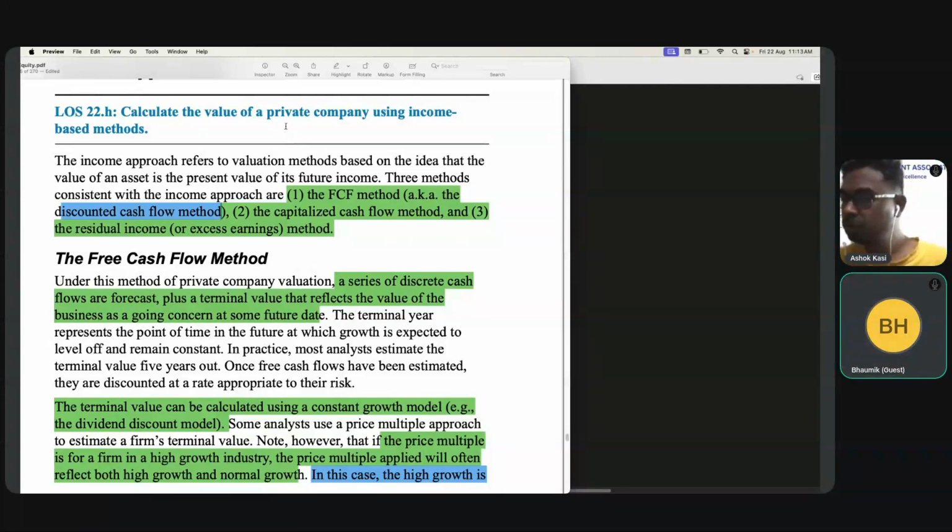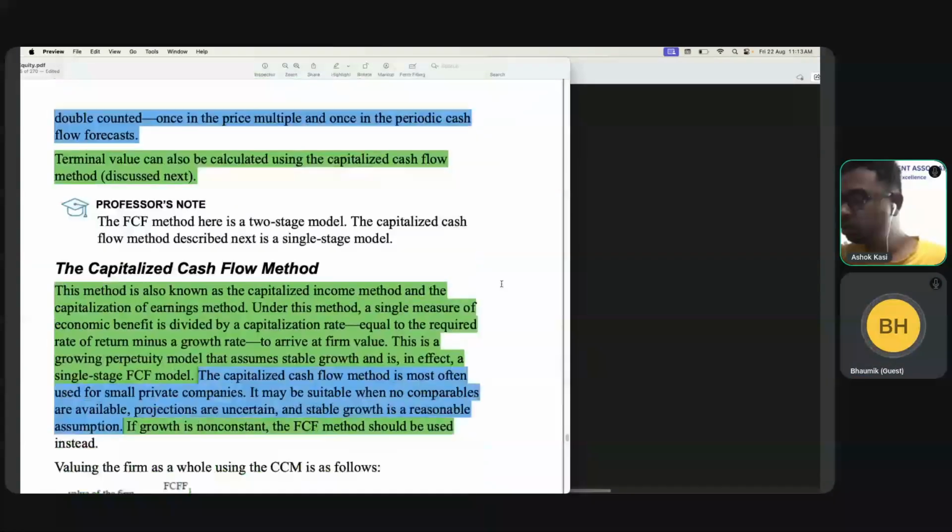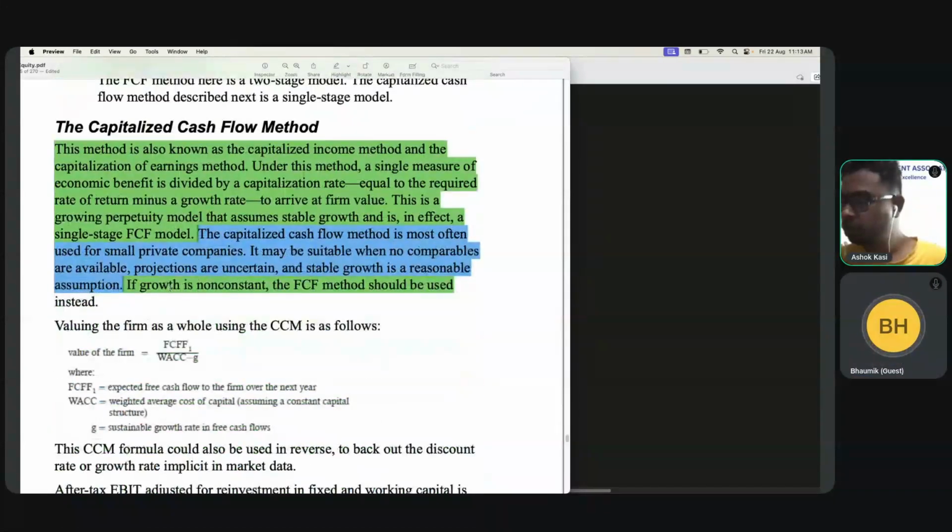So the income approach means free cash flow, and then the capitalized cash flow method. Capitalized cash flow is nothing but Gordon growth style only. What do we do under Gordon growth? D1 by R minus G, na? Here the D1 is taken by FCF1 divided by WACC minus G.